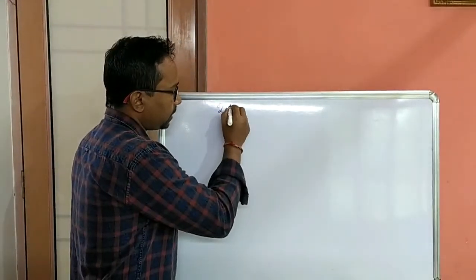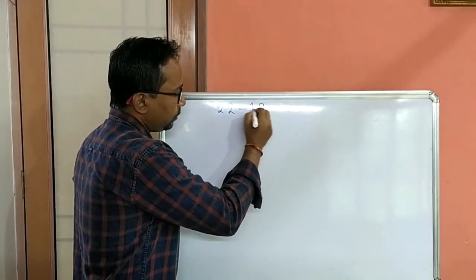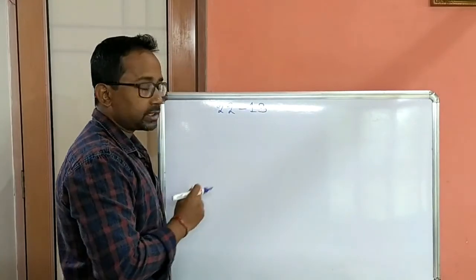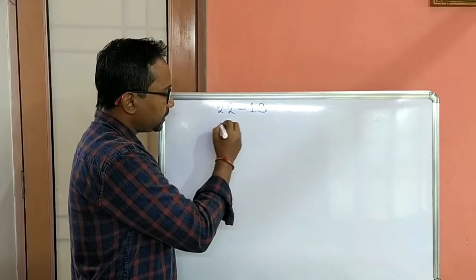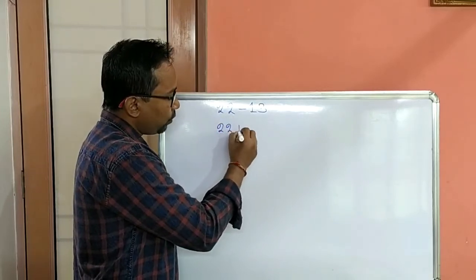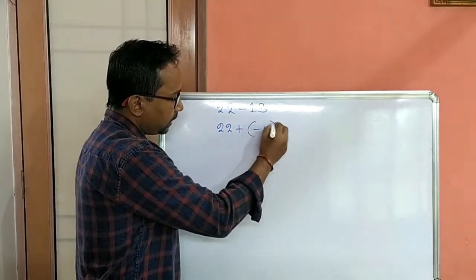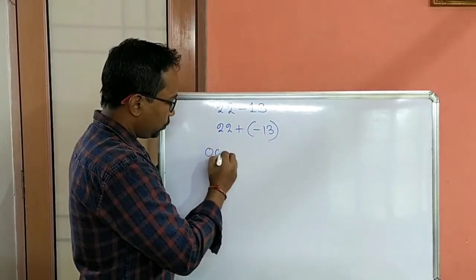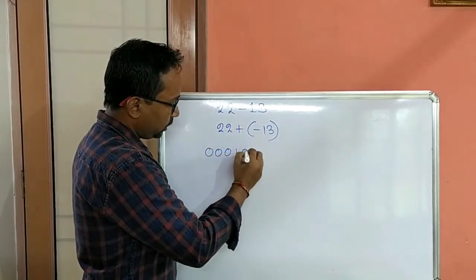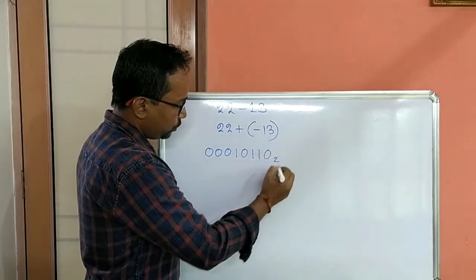Suppose we have to subtract 13 from 22. This is a decimal subtraction. Now what will the computer do? The computer will interpret this subtraction as 22 plus minus 13. Now write down the binary equivalent of 22 in 8 bits: 00010110 base 2.